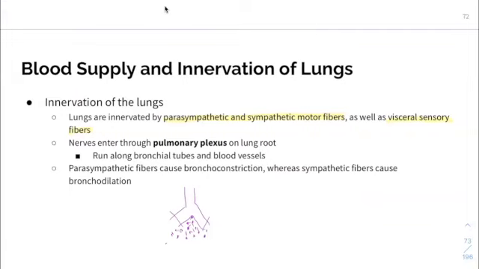Just like with the heart, parasympathetic fibers, though, cause bronchoconstriction. So it's different. Parasympathetic a lot of times causes things to relax, but in the lungs, they cause things to constrict. Sympathetic fibers cause bronchodilation, so our bronchi get bigger.